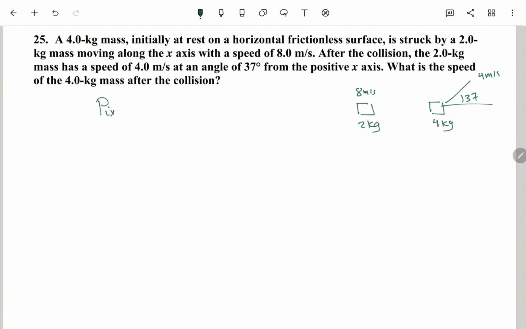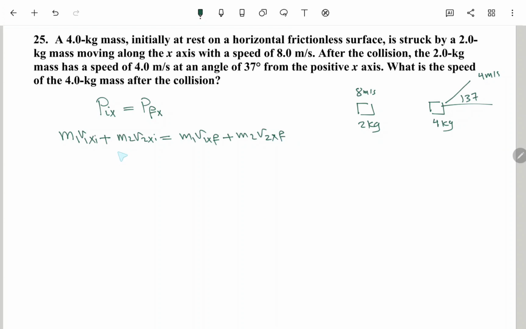P initial x equal to P final x. So m1 v1x plus m2 v2x initial equal to m1 v1x final plus m2 v2x final.